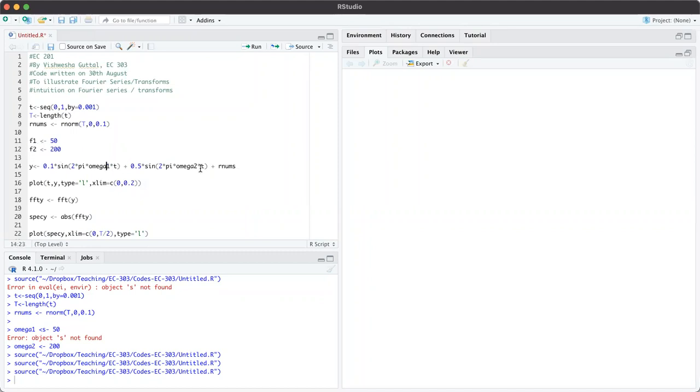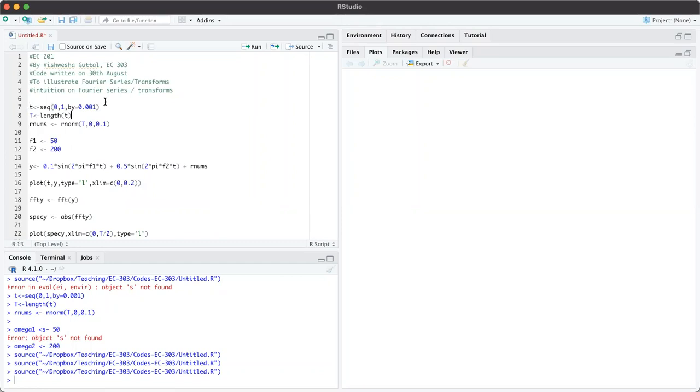Sticking with the same notation, I will just change omega to f. So let's go one by one. I have created a time array from 0 to 1 time units at a fairly large frequency. So basically, between 0 and 1, I have 1,000 values.